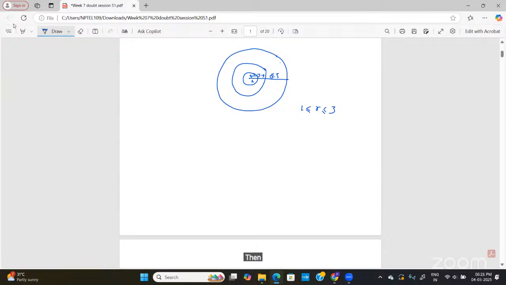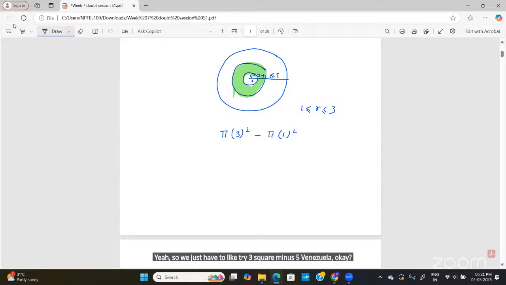Then the region is this one. We have to find the area of this region, so we subtract: pi 3 square minus pi 1 square. That is the area of the bigger circle minus the area of the smaller circle, and then you will be left with this area. In this way, we are finding the favorable region for the probability.